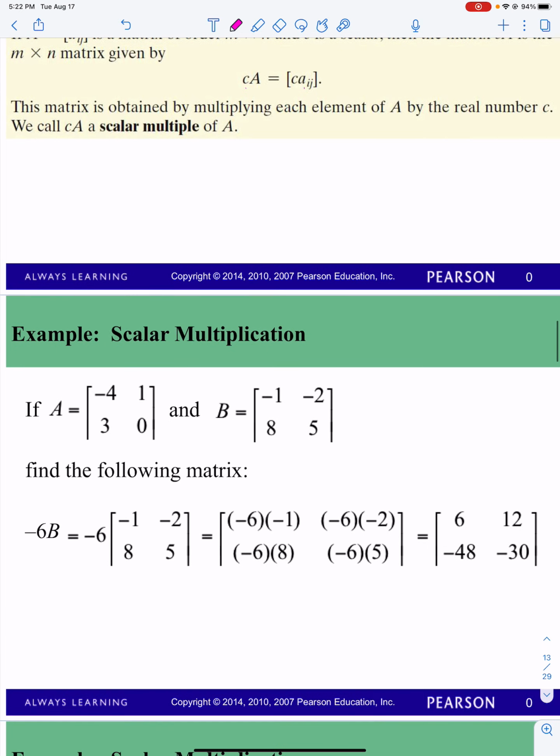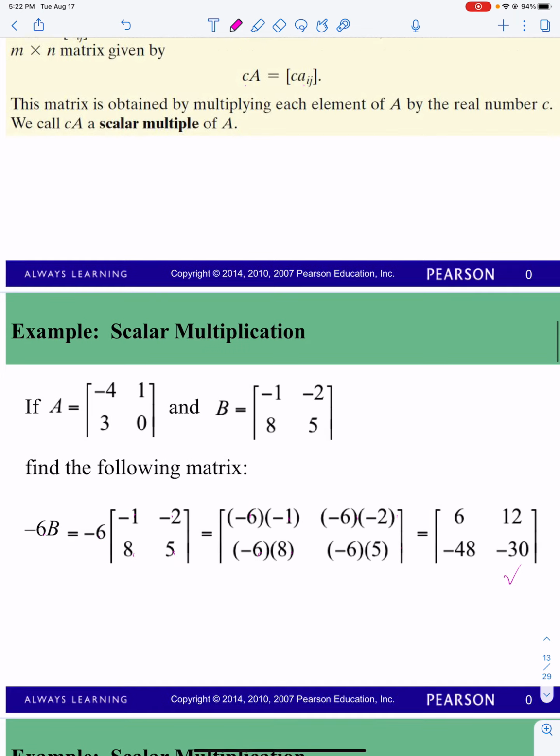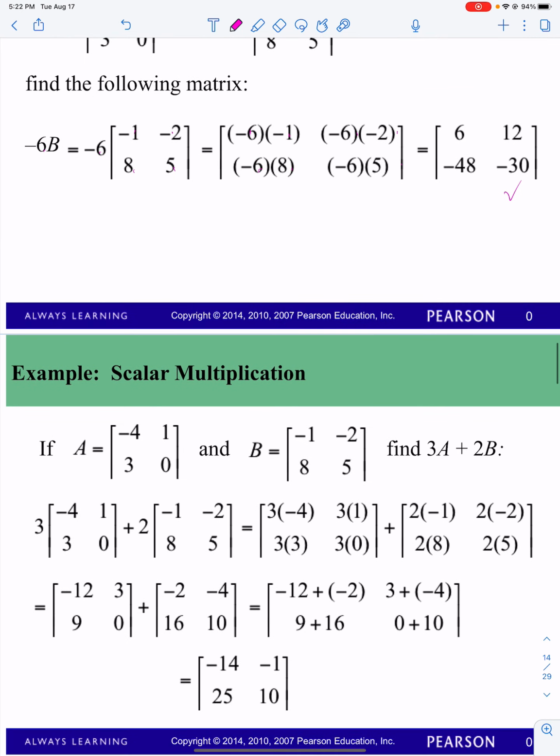So if A equals this and B equals this, negative 6B will be negative 6 times every element in the matrix, like this. Similarly, you can do 3A plus 2B: 3 is distributed to every element, then 2 is distributed, and then you add each one of them, carefully.